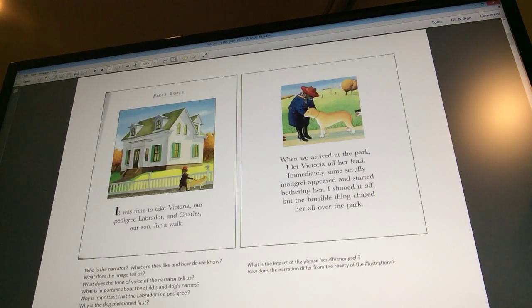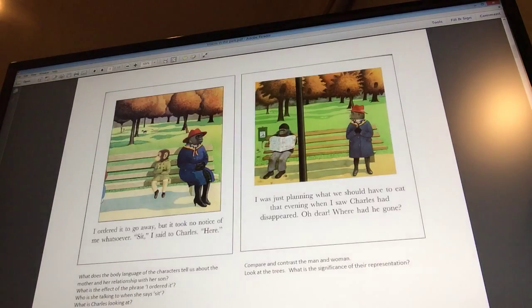First voice. It was time to take Victoria, our pedigree Labrador, and Charles, our son, for a walk. When we arrived at the park, I let Victoria off her lead. Immediately some scruffy mongrel appeared and started bothering her. I shooed it off, but the horrible thing chased her all over the park. I ordered it to go away, but it took no notice of me whatsoever. Sit, I said to Charles. Here.